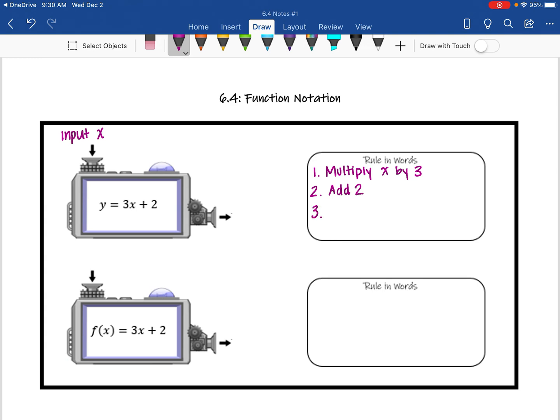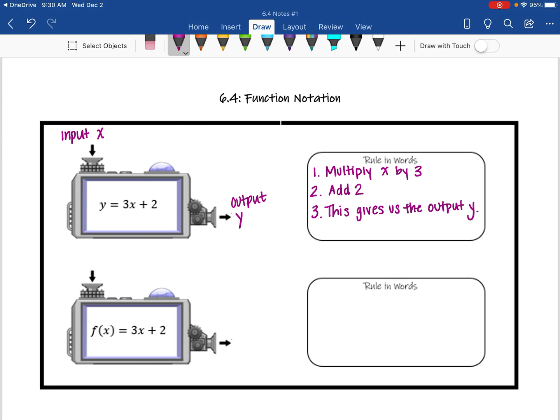And then we get our output, or our y value. So input is x. We put it in the machine. The machine does the work and gives us our output, which is y.